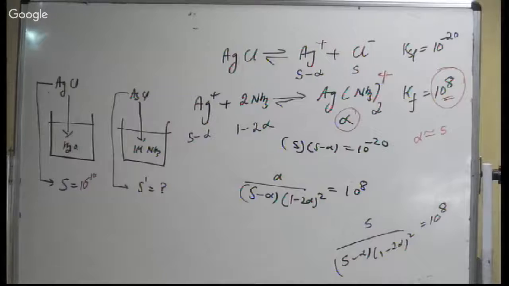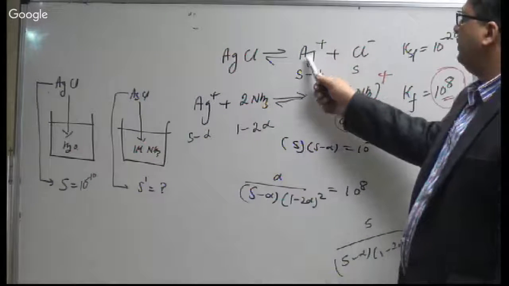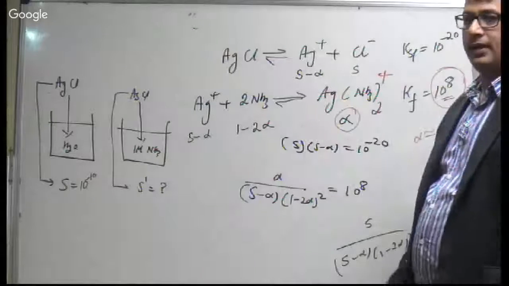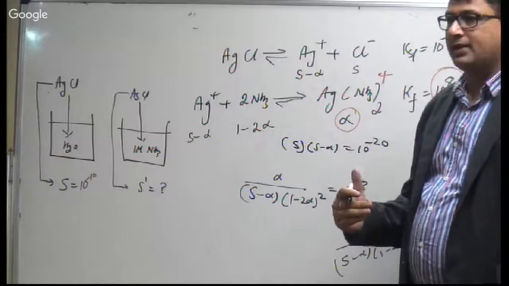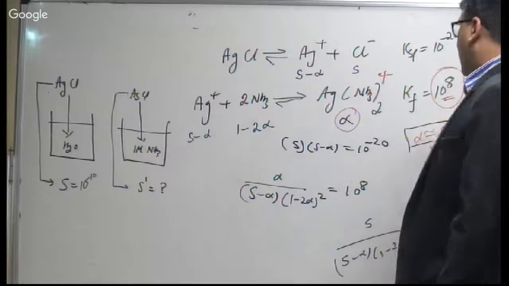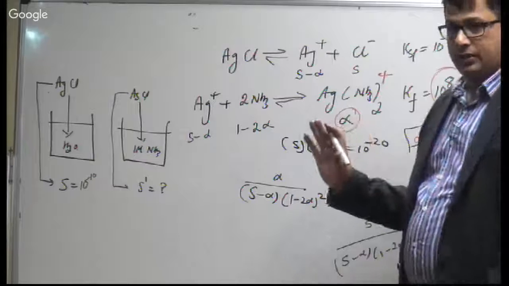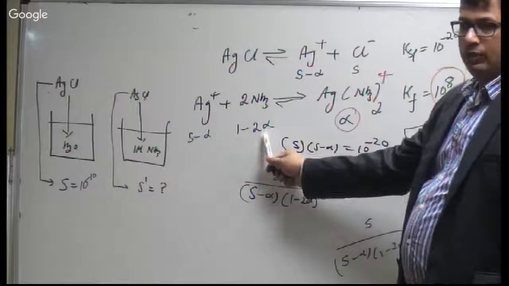Yes. So if you are not going to add ammonia, the value of Ag plus will be 10 to the power minus 10. After adding ammonia, the value of Ag plus will be higher than 10 to the power minus 10. But this alpha and S both are equal, and the value of S is approximately in the 10 to the power minus 10 range. So can we say that with respect to 1, the value of alpha is very small?